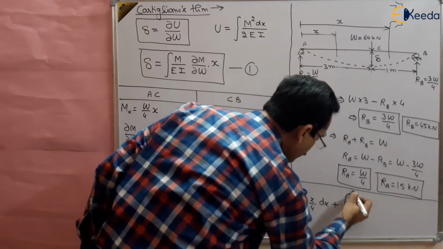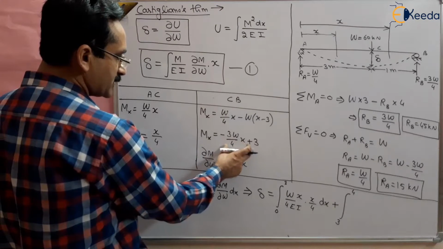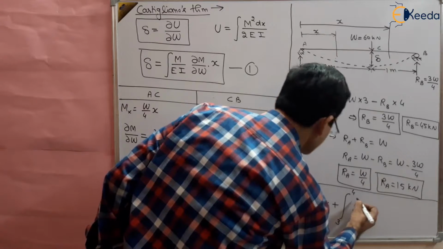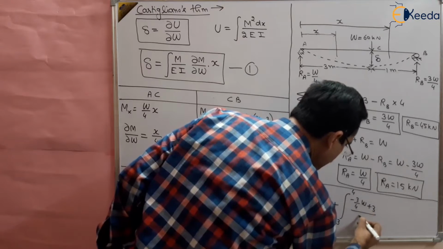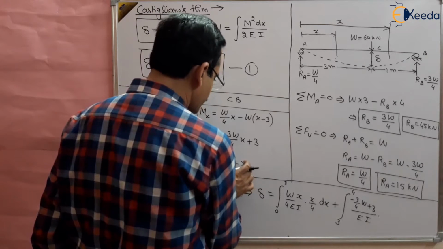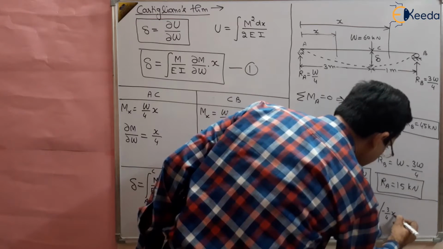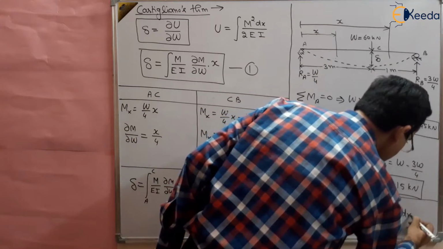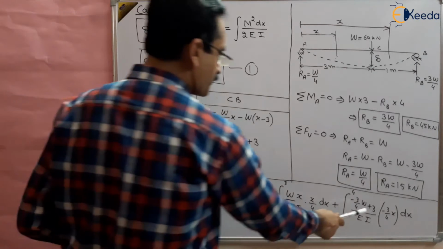So from 3 meter to 4 meters, M by EI, M is this much amount, that is M is minus 3/4 W x plus 3, this is M upon EI into ∂M/∂W, which is this value, that is minus 3/4 x. This is ∂M/∂W, multiplied by dx, right? So this value we have obtained, right?